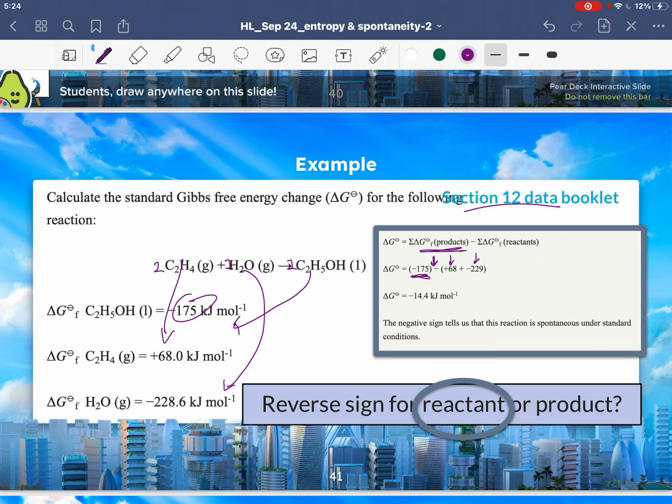I just add the delta G's for each of my reactants. If you did have a coefficient, you would multiply these by your coefficient. This is the math we need to do in order to figure out if a reaction is spontaneous or not. And this reaction would indeed be spontaneous because negative delta G means the reaction is spontaneous.